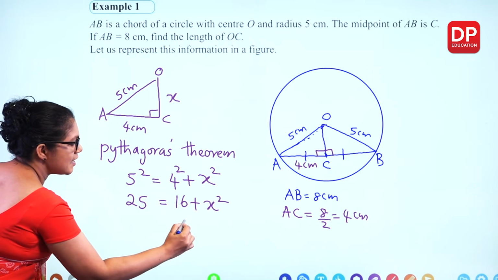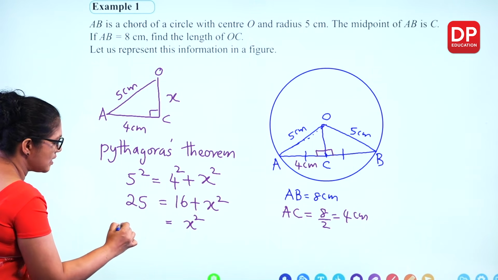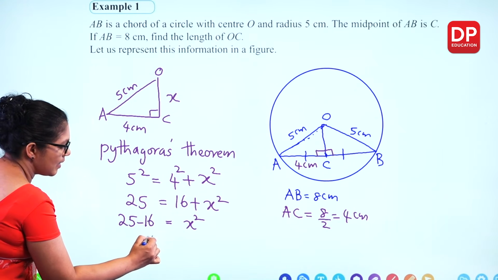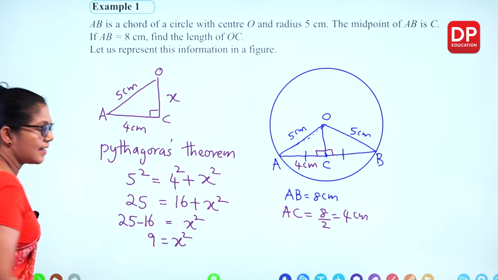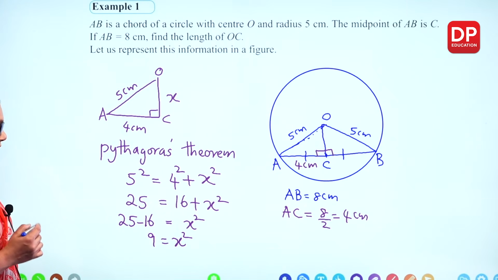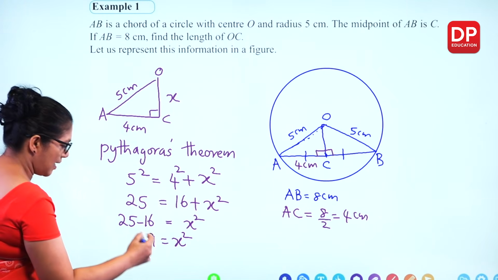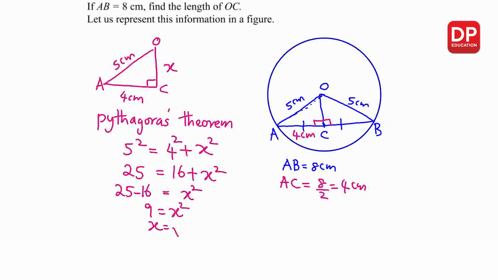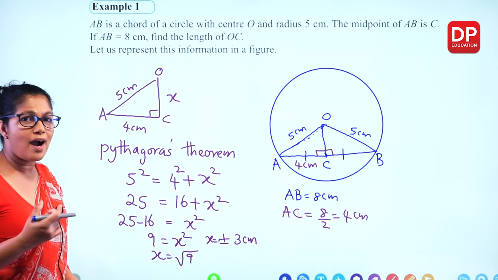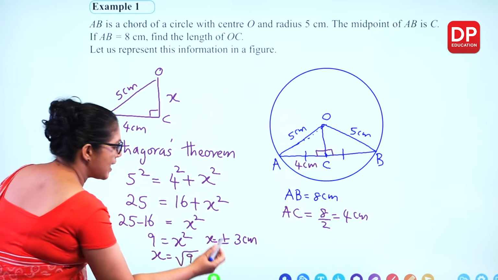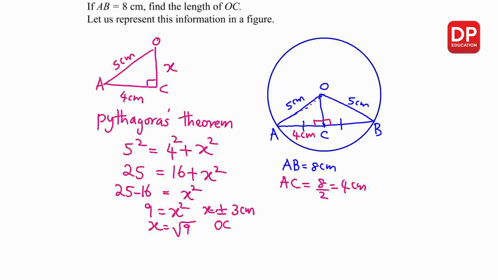So when you take 16 to the other side, what is x squared? 25 minus 16, you get 9. What is the square root of 9? That's a perfect square. Take the square root, you get plus or minus 3. But this is about length, so you can't take the negative value. So we can say the OC length should be 3 centimeters.